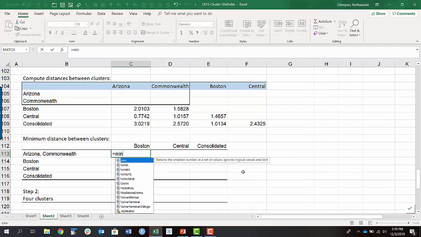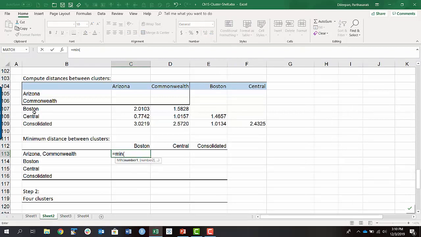This one is the minimum between Boston and Arizona and Boston and Commonwealth. That's your single linkage. If you're using complete linkage, you'll use max here and not min.